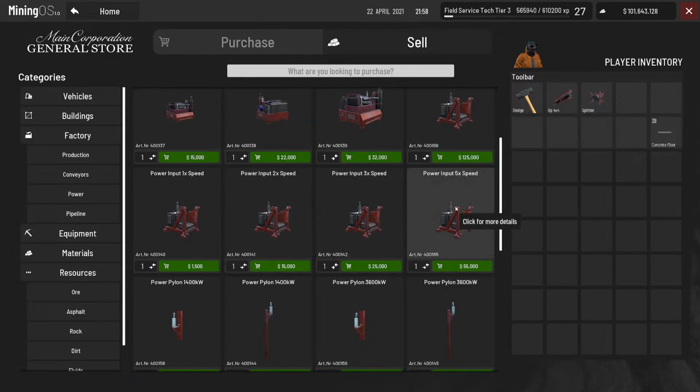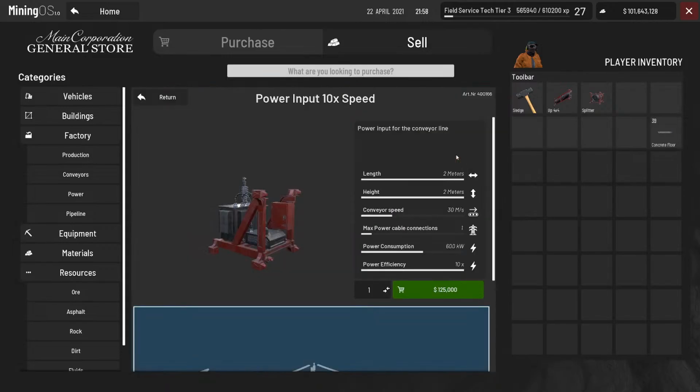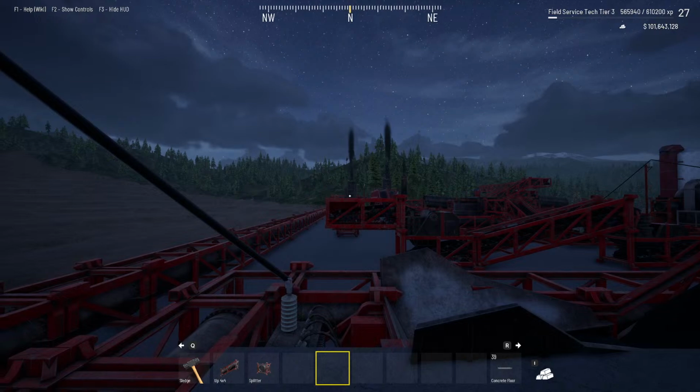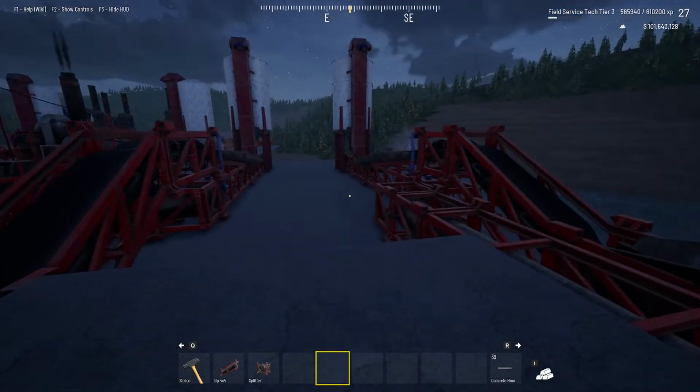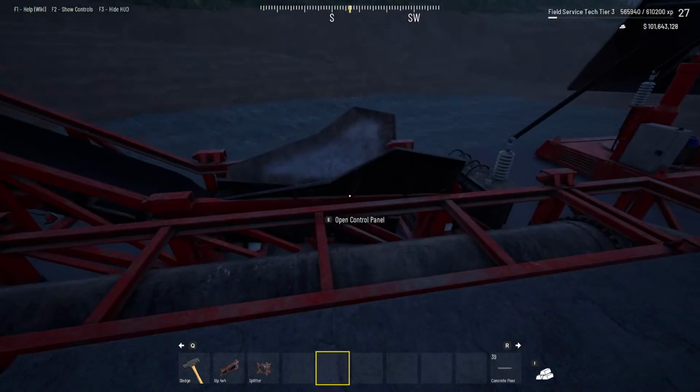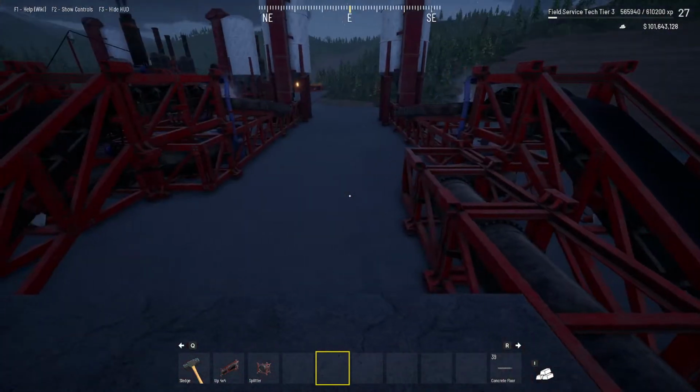Because this goes all the way up to 10x, 30 meters for conveyors. It doesn't say anything about pipes, so I'm not 100% sure on how that specifically works, but that's why we're going to be doing some testing anyway.